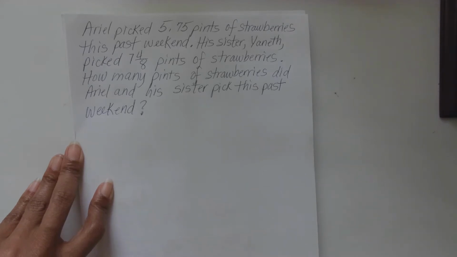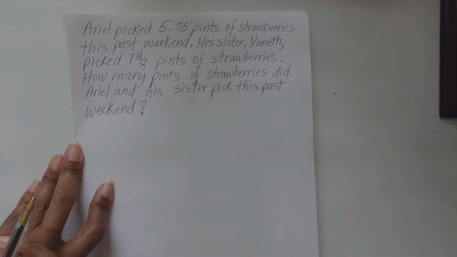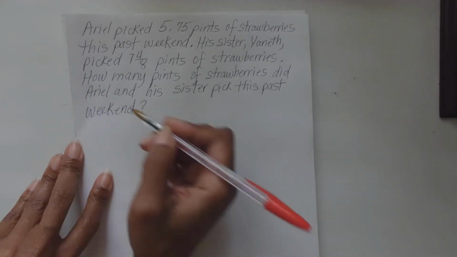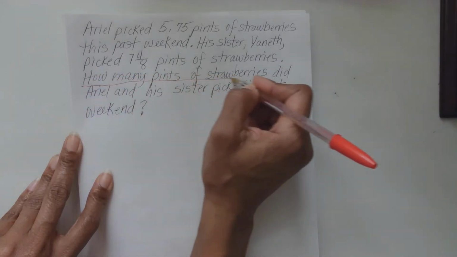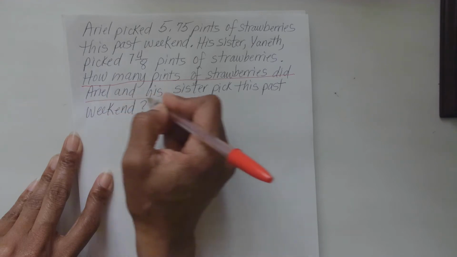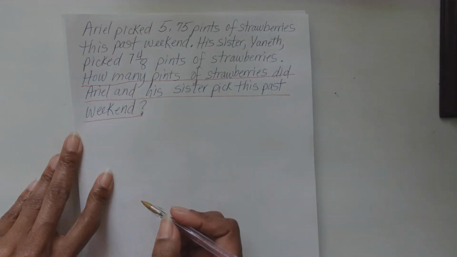Step 2, identify the question and what it is we need to find out. So we know that when we have word problems, using strategies really helps. So we're going to underline that question. How many strawberries did Ariel and his sister pick this past weekend?